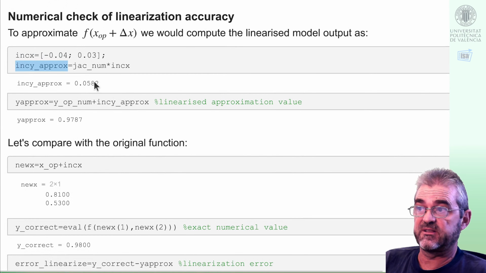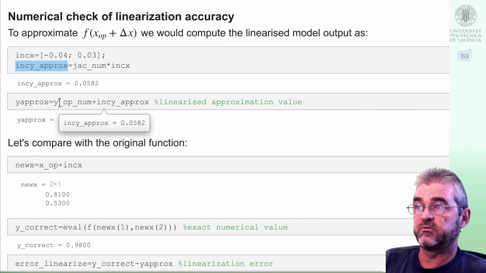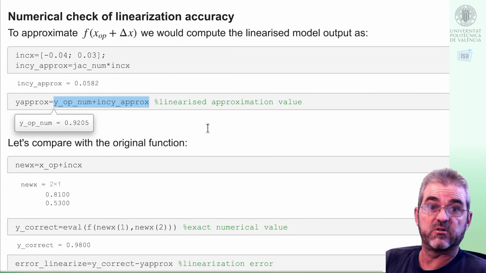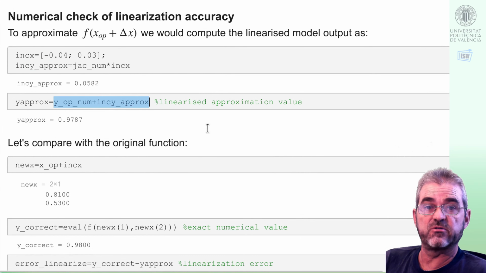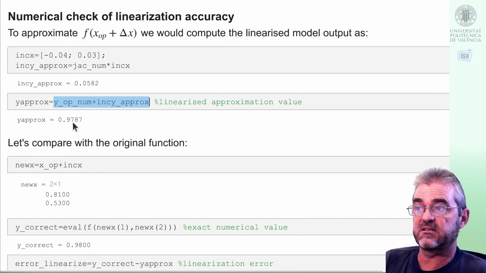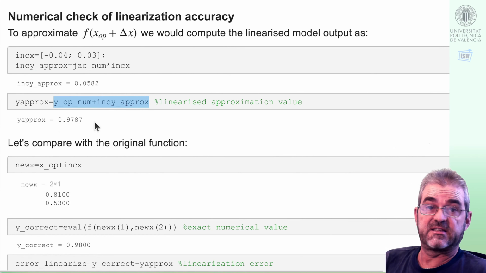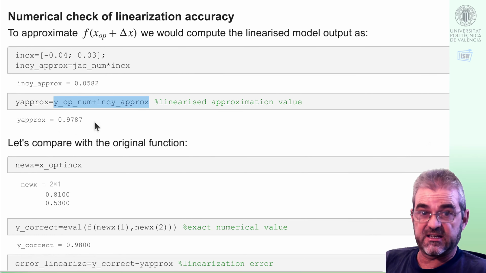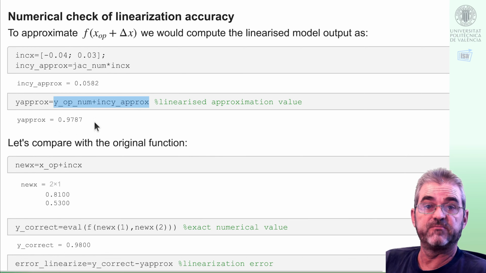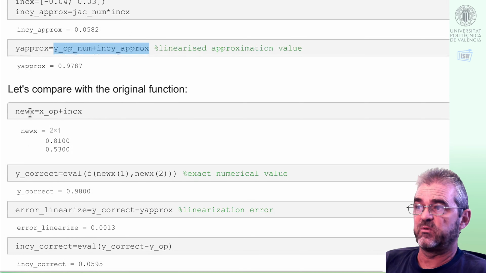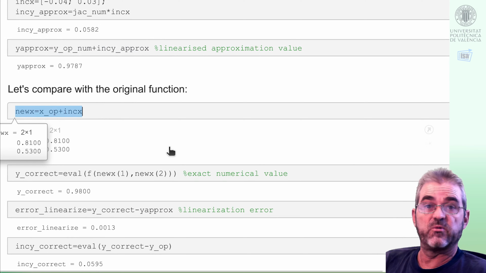If instead of incremental units I want to compute the actual point on the plane in absolute units, then it's 0.9787. So let's check what was the exact value of the function to get the error. Well, this will be my new x in absolute units.